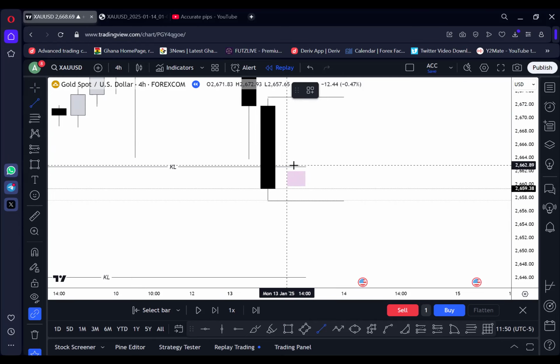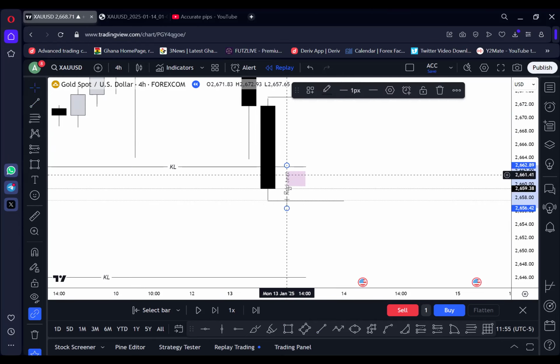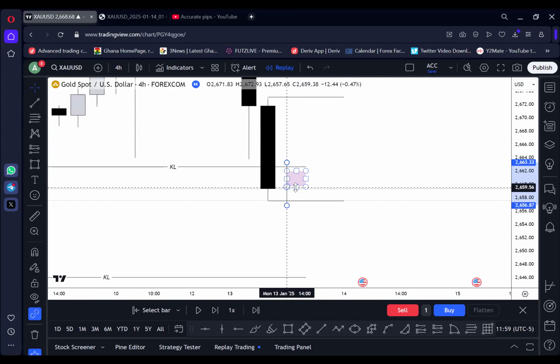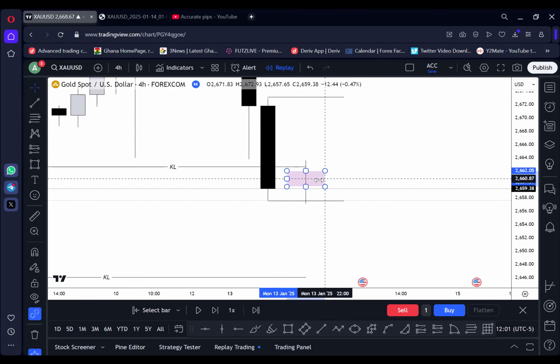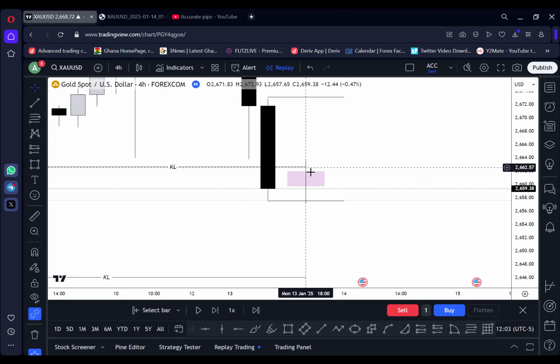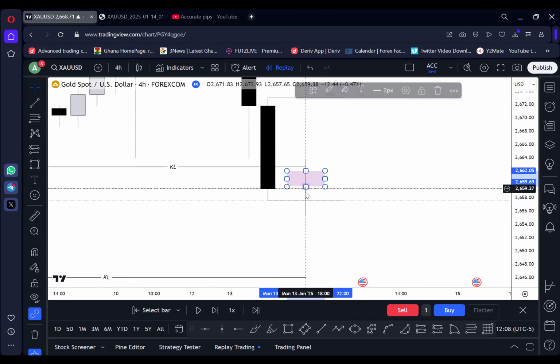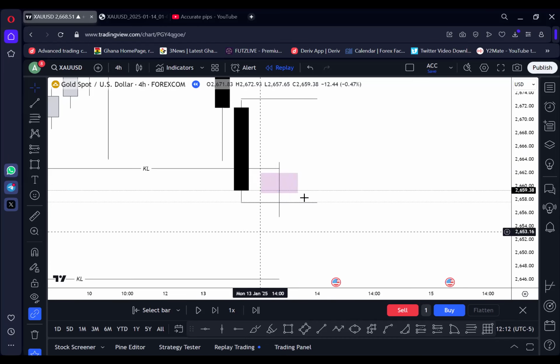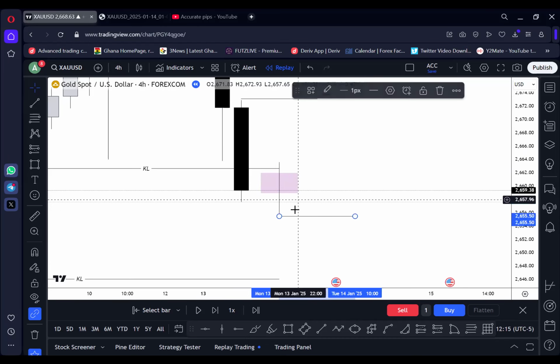So I want to see price doing something like this, purging through the low of the black candle.